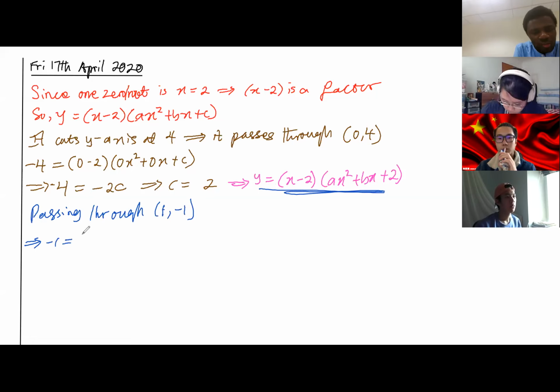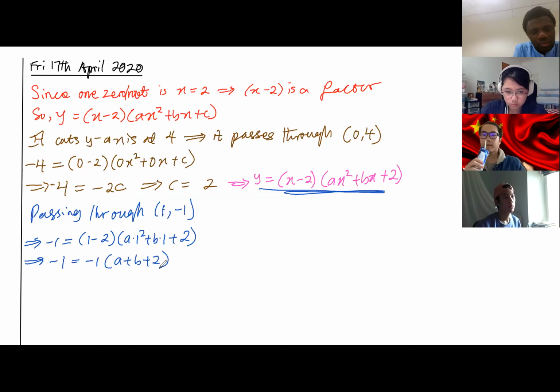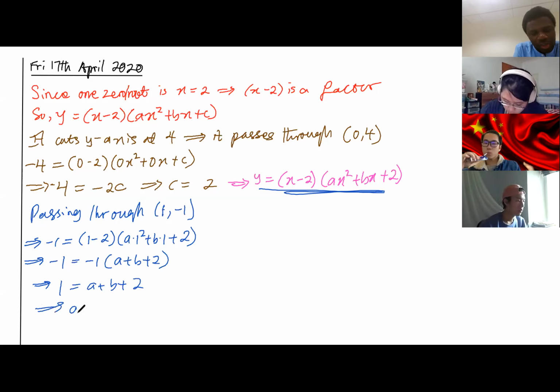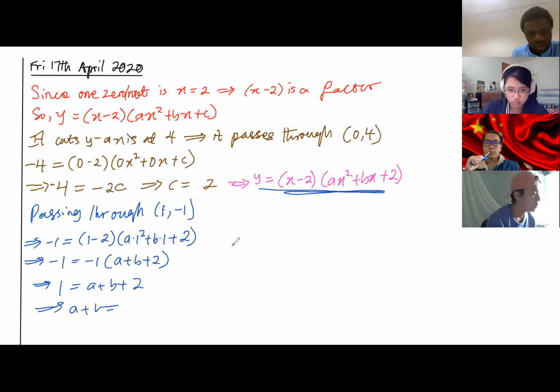So I have minus 1 equals 1 minus 2, then a times 1 squared, b times 1, plus 2. So this implies minus 1, negative 1 also, I have a plus b plus 2. So I can divide by negative 1. Can you see that? So 1 is equal to a plus b plus 2. And when this comes here, a plus b is equal to negative 1.